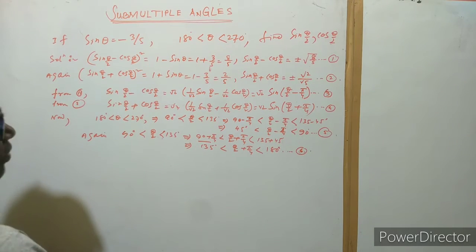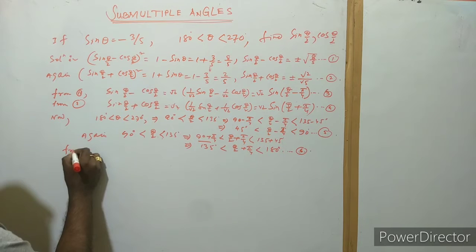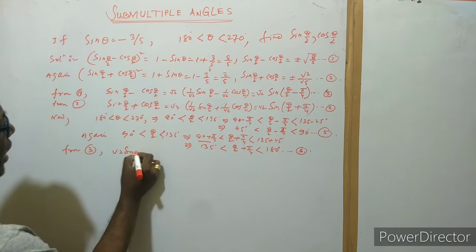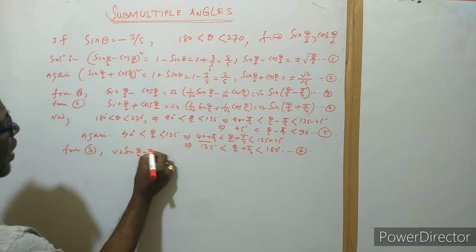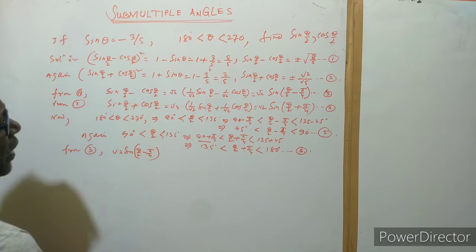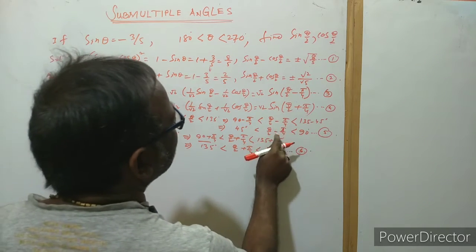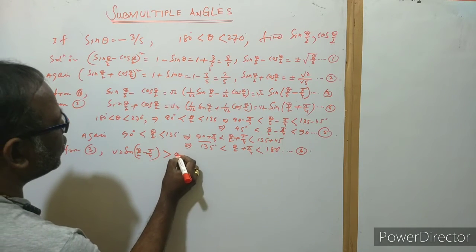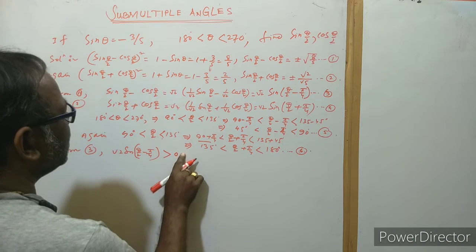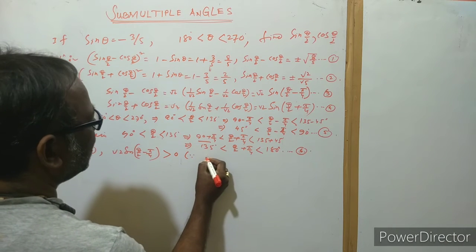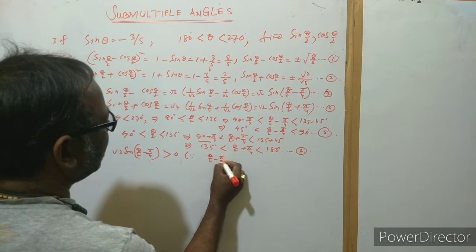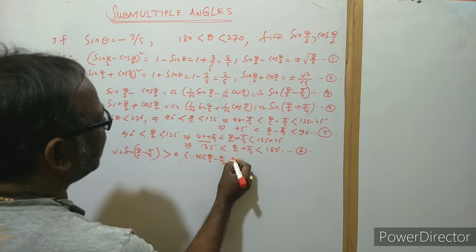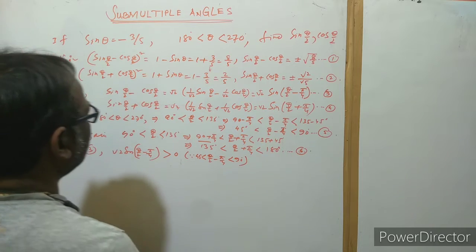And from 3, root 2 sine theta by 2 minus pi by 4. See, this value lies between 45 and 90, so that's why this is more than 0. This is more than 0 since theta by 2 minus pi by 4 lies between 45 and 90.